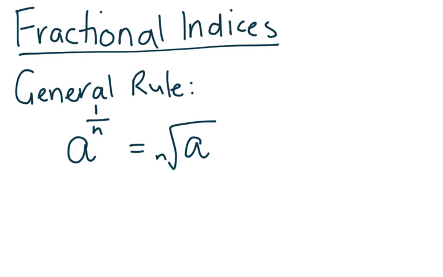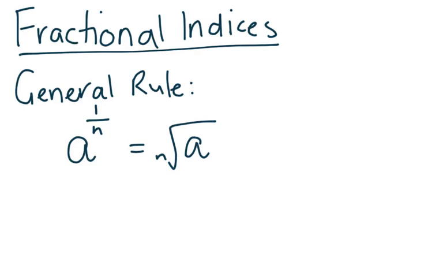So our general rule for fractional indices is if we've got something like a to the power of 1 over n, that actually means the same as the nth root of a. Like we did in our first example, we did 16 to the power of half. That was the same as saying the square root of 16.